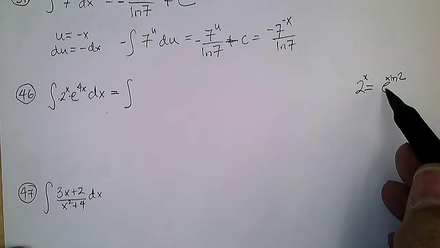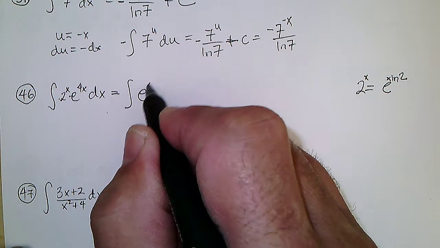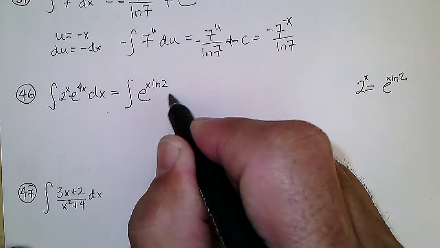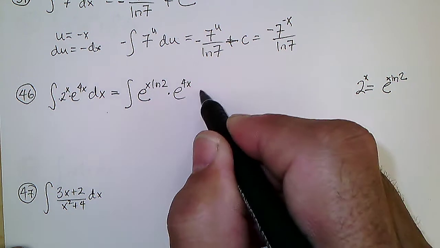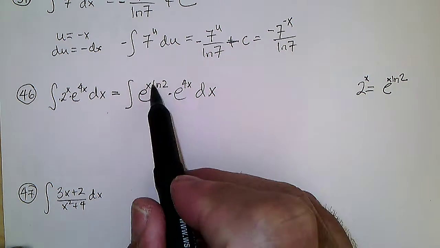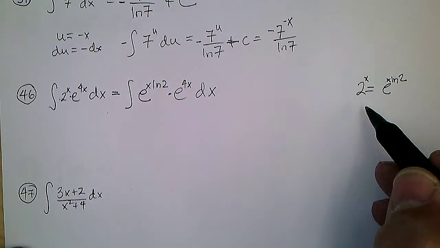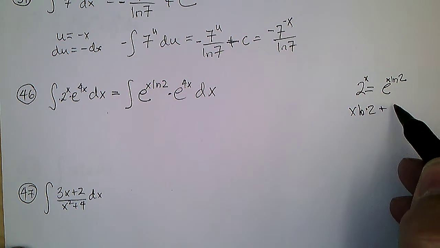2 to the x becomes e to the x ln 2 times e to the 4x dx. And when you're multiplying, you add the powers, so we have x ln 2 plus 4 times x.